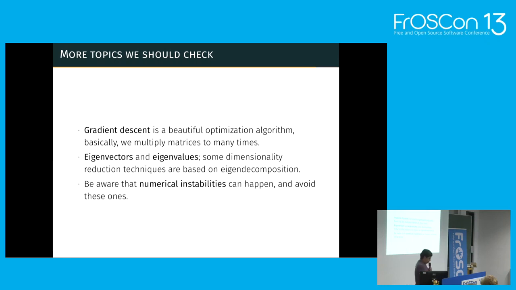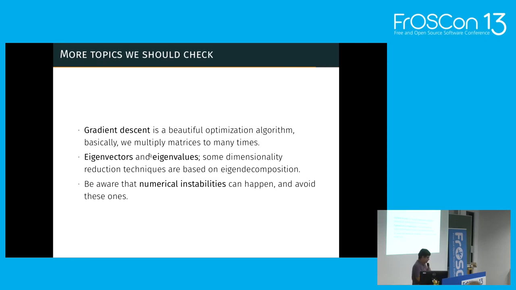So what else can we do with linear algebra? The most important algorithm these days is gradient descent, which is basically the implementation of a lot of matrix multiplications.